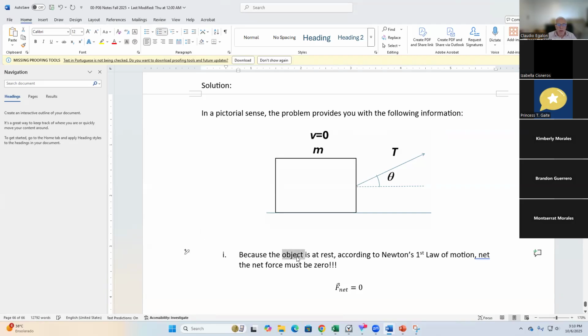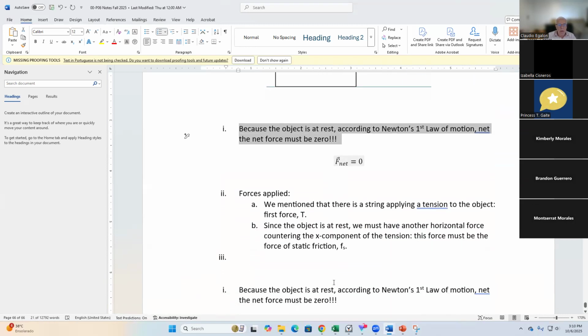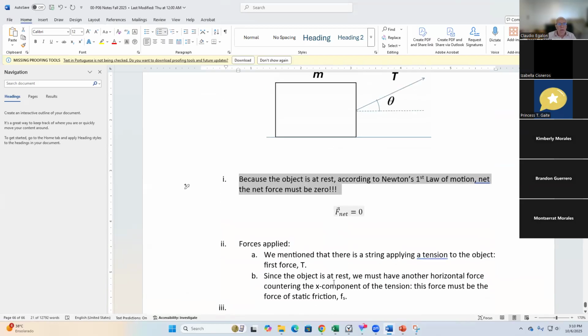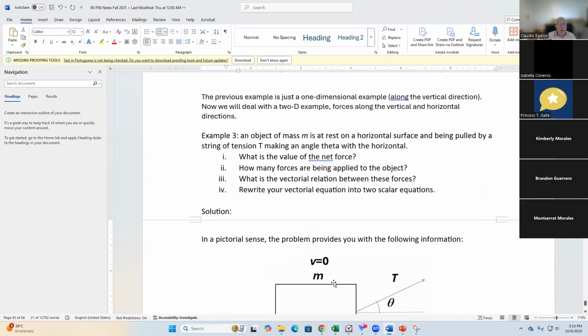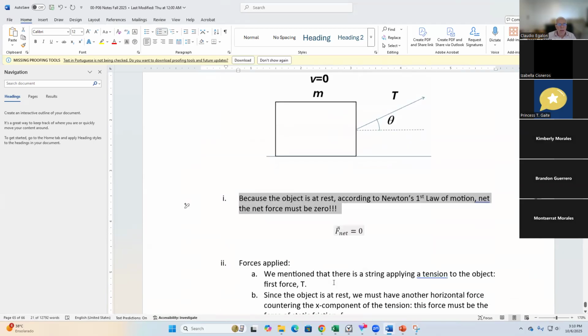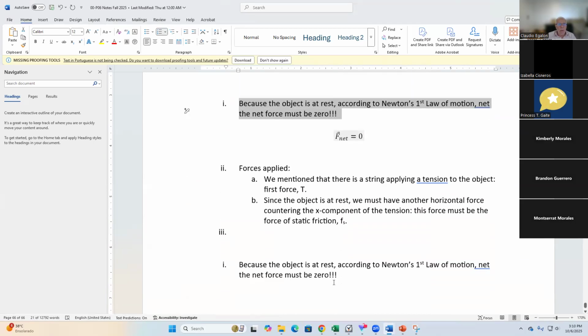Because the object is at rest, according to Newton's first law of motion, net force must be 0. How many forces are applied to the object? We mentioned that there's a string applying a tension to the object. First force, tension.